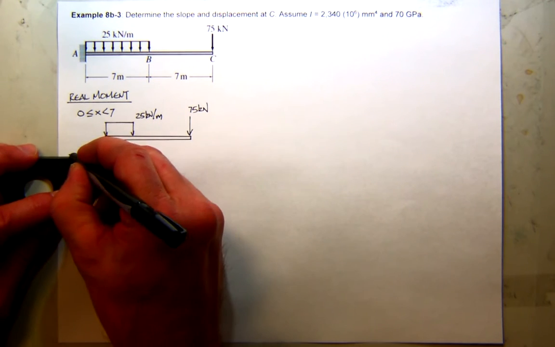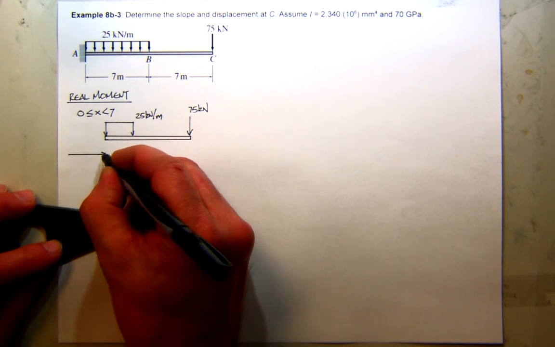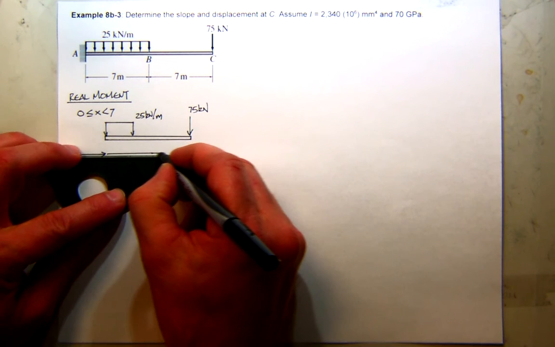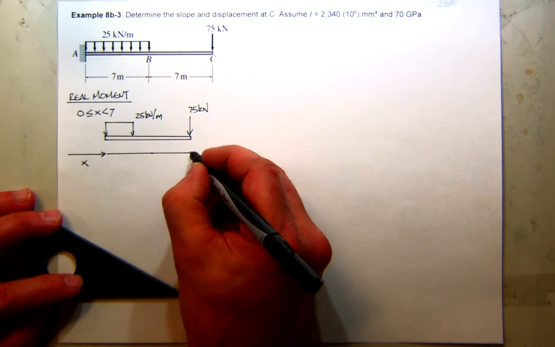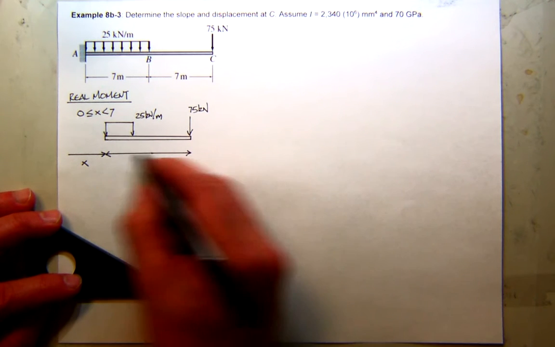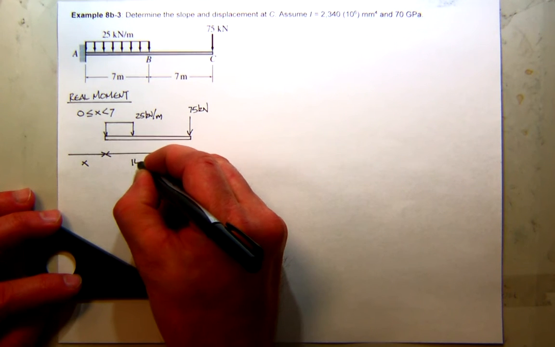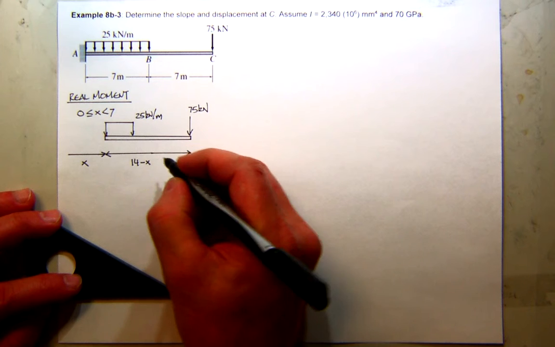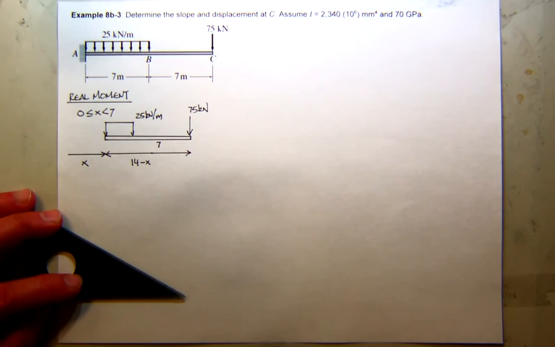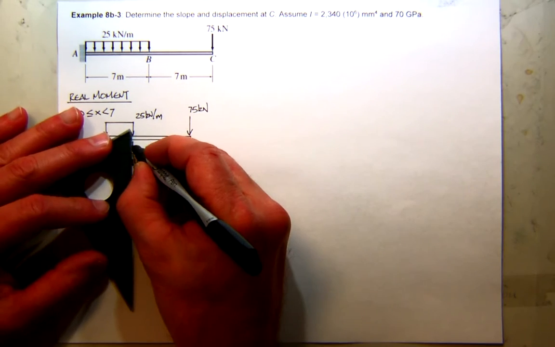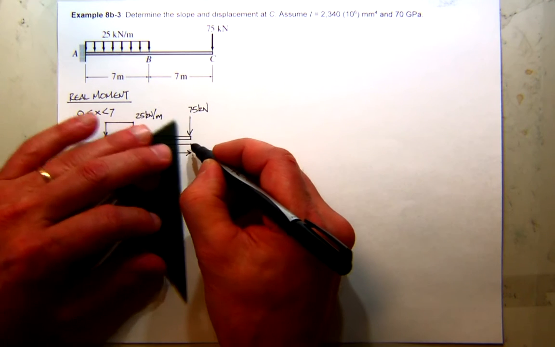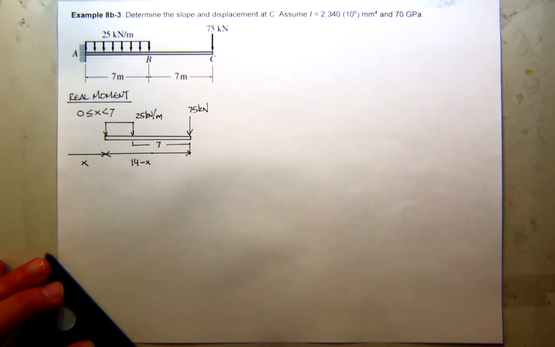So I'm going to come up here and at some distance x, I'm going to have to figure out all these other pieces. Well, I know the total length is going to be 14 minus x. And I know this little segment here is 7, right? From here to here. So the geometry is a little bit more interesting.